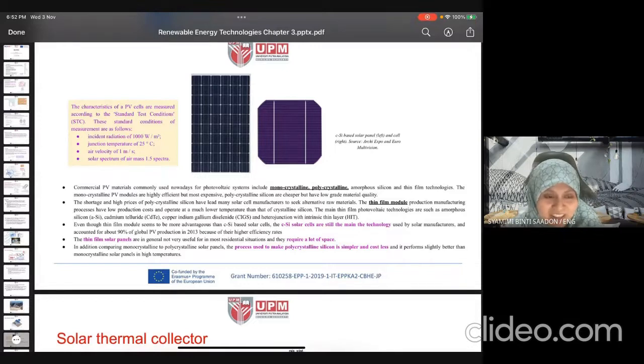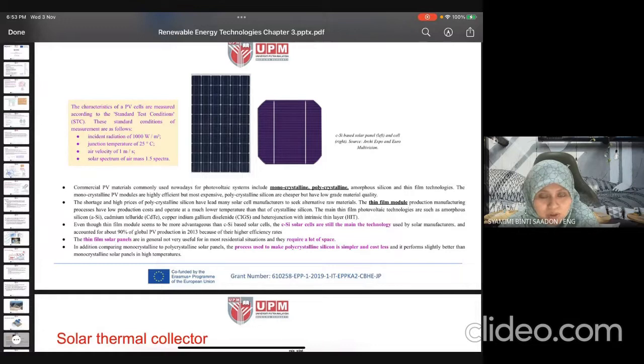However, the price of polycrystalline silicon has led many solar cell manufacturers to seek alternative raw materials. That's why you may see some research being done currently to seek other materials for PV cells, because of the high price of crystalline silicon.